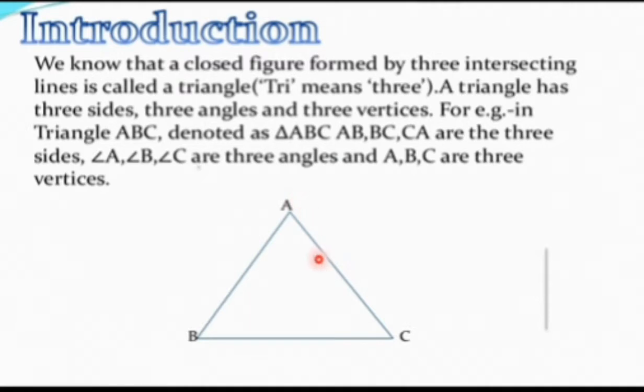AB and AC are intersecting at A, AB and BC are intersecting at B, AC and BC are intersecting at C. So angle A, angle B, angle C are called three angles, and A, B, C are three vertices. Okay, let's move to the next slide.